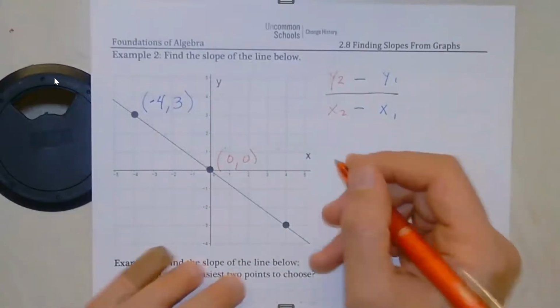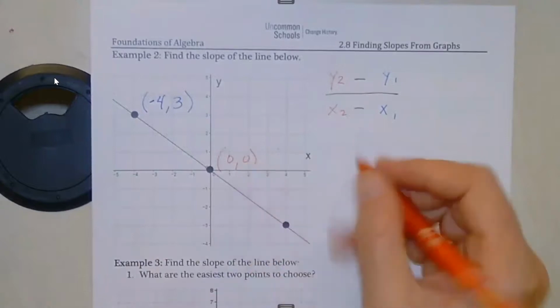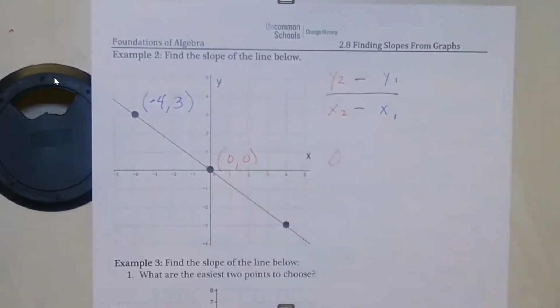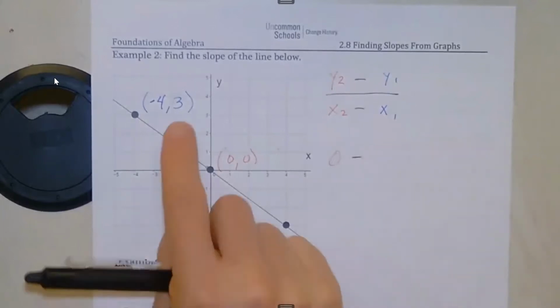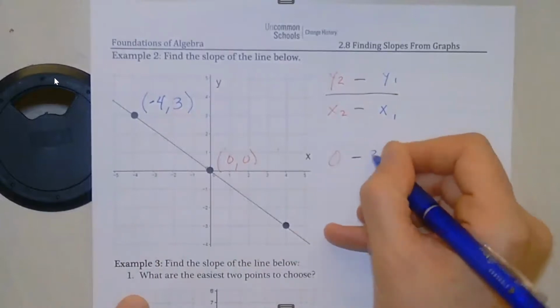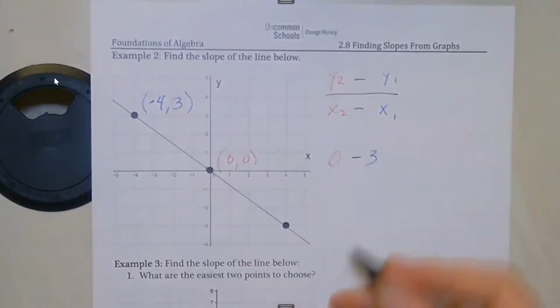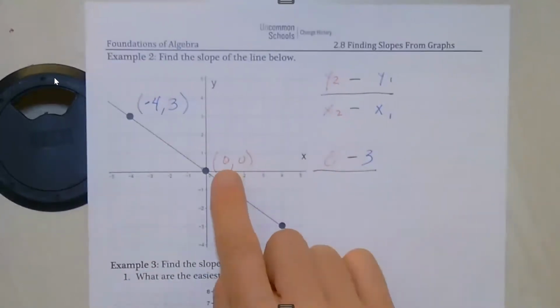Okay. So my y2 is 0 minus my y1 is +3. My x2 is also 0.